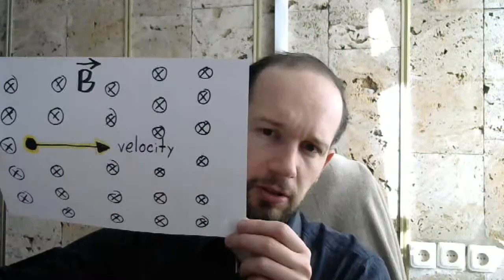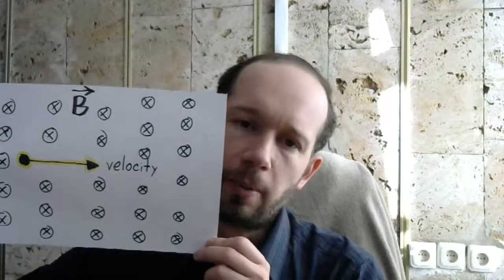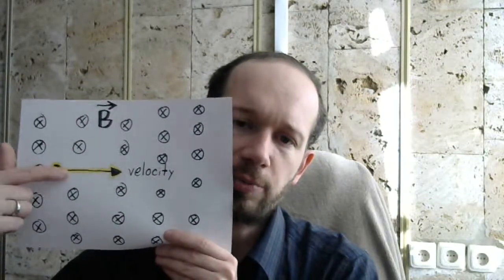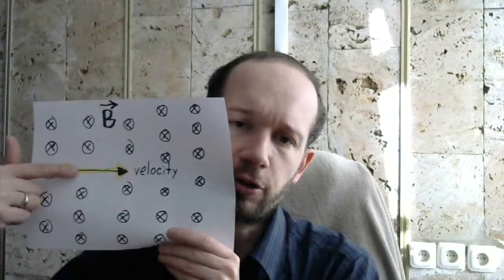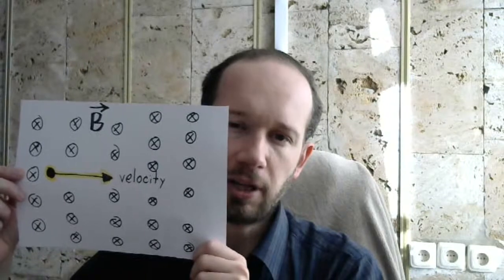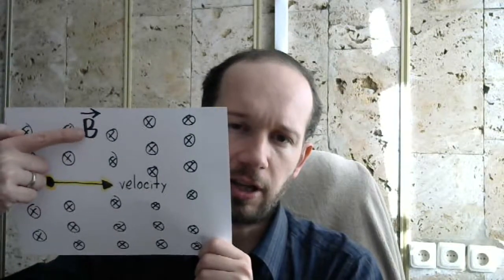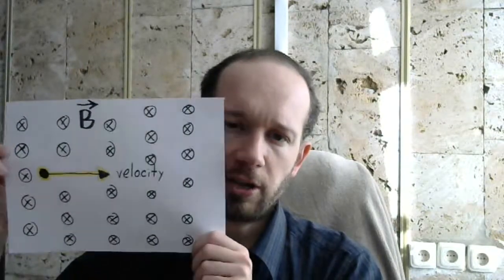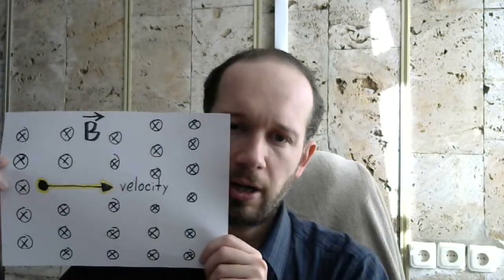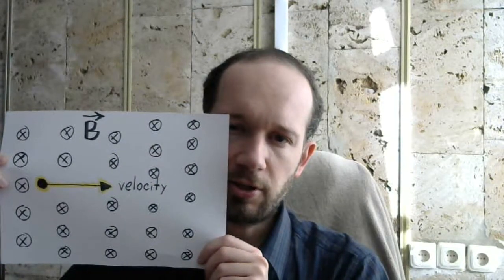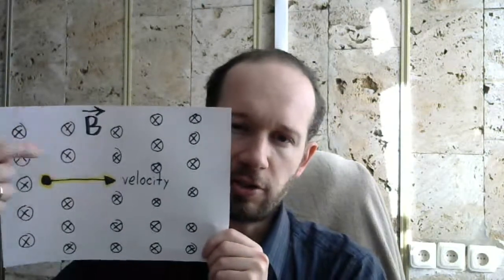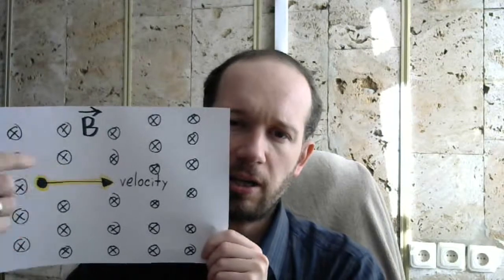So here on this picture, you can see a particle, the yellow particle in here, is moving at the velocity shown by this vector. Okay? And it's moving in a magnetic field, and this magnetic field of intensity B is directed in a perpendicular direction to the plane of the paper, and you can tell that from this notation, from these x's, that the vectors of the magnetic field are going into the paper.